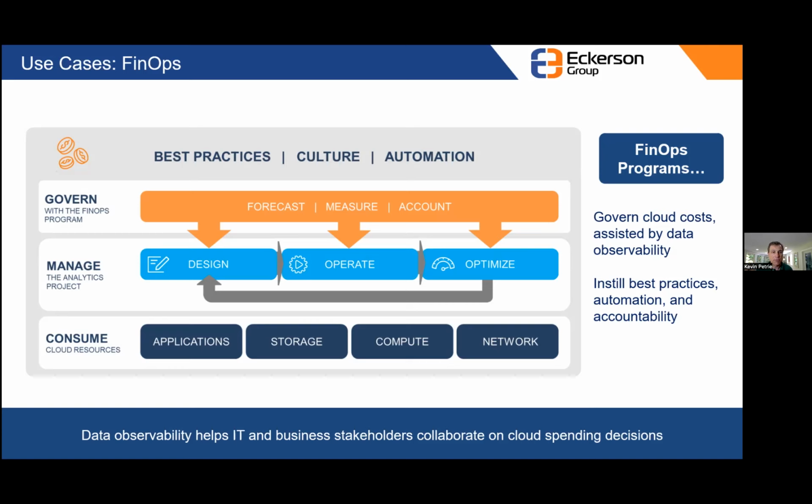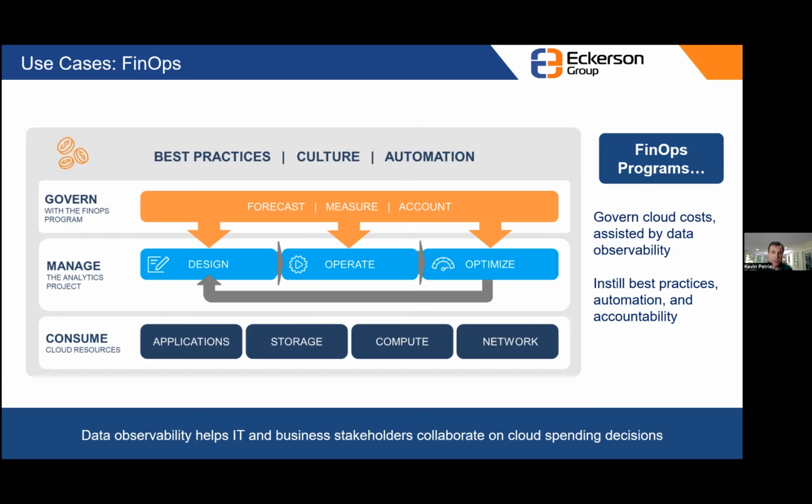So if you have a FinOps program, you can govern the cloud costs throughout the life cycle of a data project, throughout design, operation, and optimization of an analytics project, so that you're always aware of the implications of how you're consuming cloud resources, cloud application, cloud storage, cloud compute.